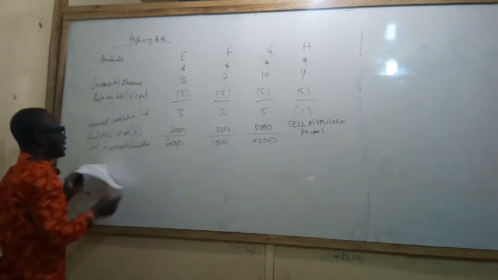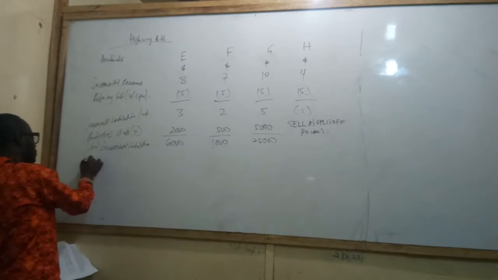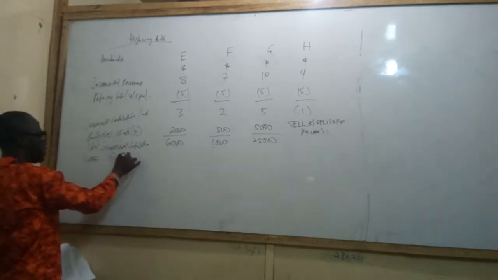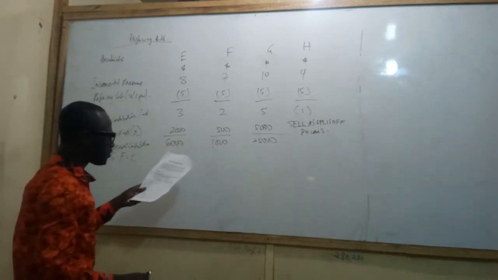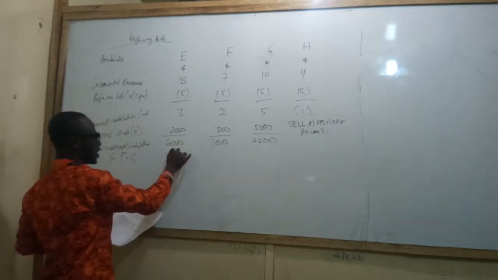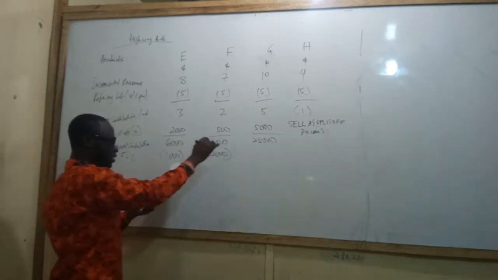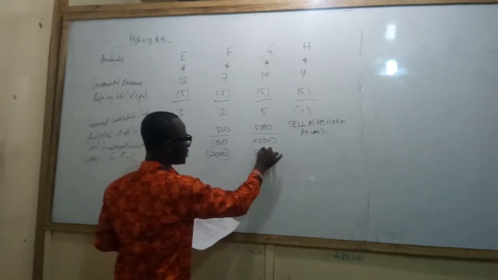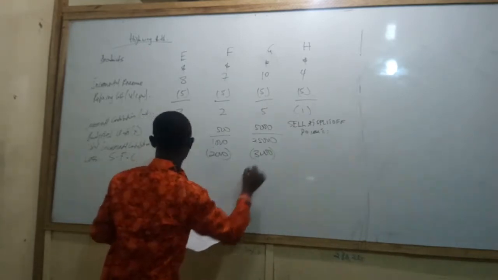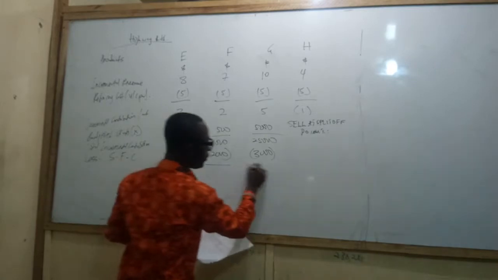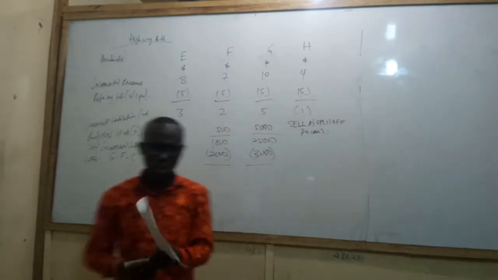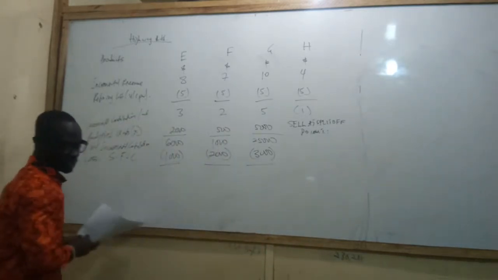So we're going to less the specific fixed cost. How much is the specific fixed cost? 1,000, 2,000, 3,000. So let's go. When we less the specific fixed cost, we will get our profits.